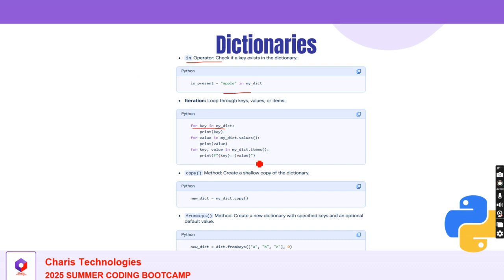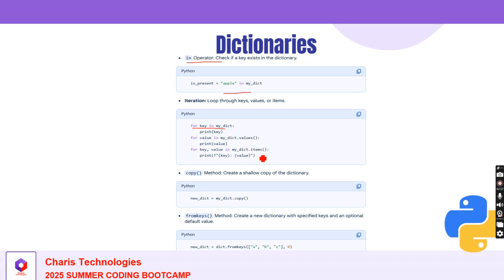If you want to print the two together, you just reference these two together: key, value in my dict. Now instead of using dot values, you use dot items. Remember, items get the whole pair. By default, if you iterate or reference anything, you reference with keys. But you can specify using values.